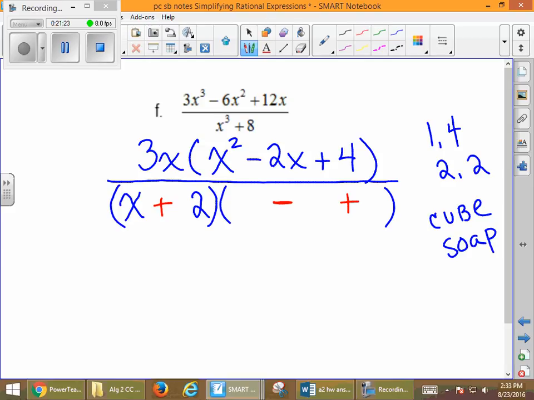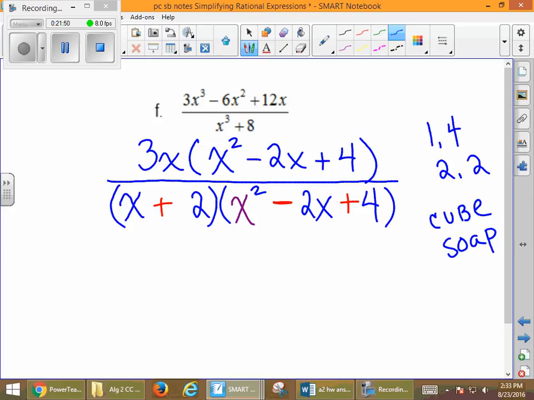To figure out what goes in the first position, in our second parentheses, we're going to say x cubed divided by x is x squared. And we can do the same thing for the last position in our second parentheses. 8 divided by 2 is 4. And remember, we already have the signs put in there, so that last part is we're going to take x times 2, and we get 2x.